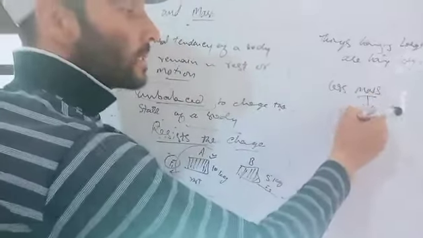That means things having large mass have large inertia, and those things which have less mass have less inertia.